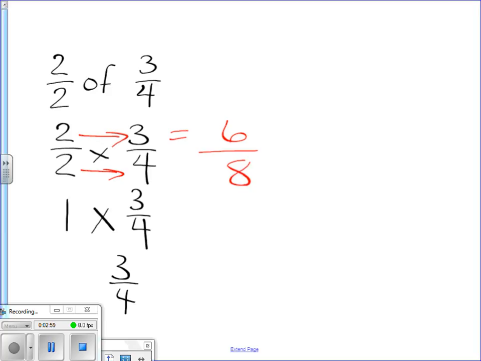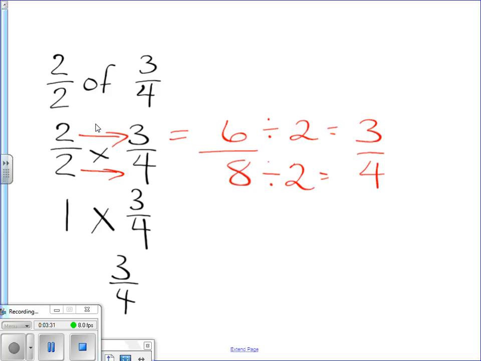You can and you should simplify by 2. You get the same answer. So, what you should see is that if you multiply a fraction by a fraction, sometimes you get the same answer.